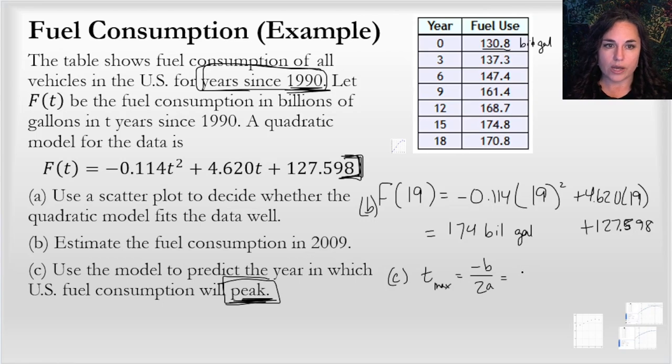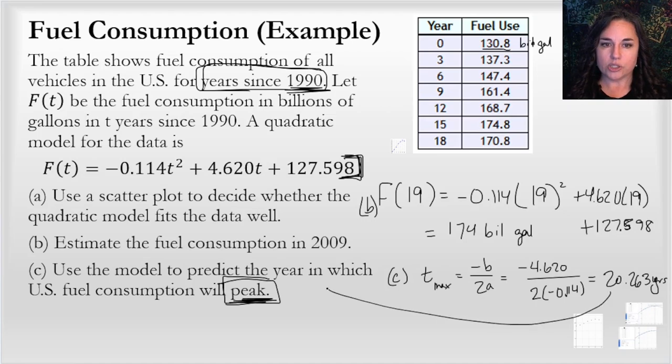Negative b over 2a, I'll get negative 4.620 divided by 2 times negative 0.114. When you solve this value, you get 20 point something: 20.263 years.